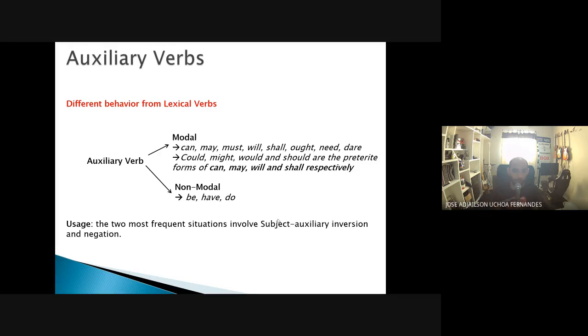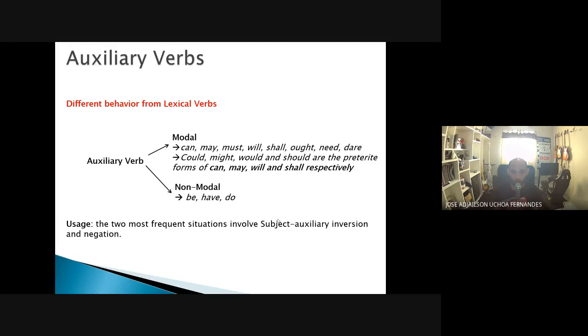And when you want to emphasize, you put a do: I do like ice cream. So the do is always there, but it's hidden in the regular canonical affirmative sentence, positive sentence. But when you emphasize, this auxiliary verb appears.